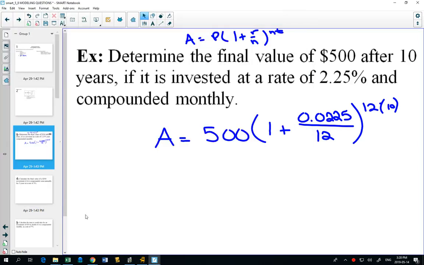Oh, 10 years ago, yeah. Even worse. 10 years ago. You were 6. So I think your parents would have been worried if you would have said to them, you know what, I've been reading about compound interest. And I'm wondering if you could give me $500.